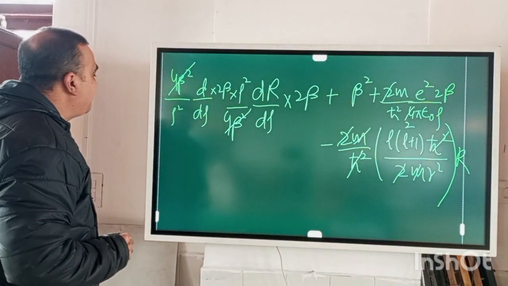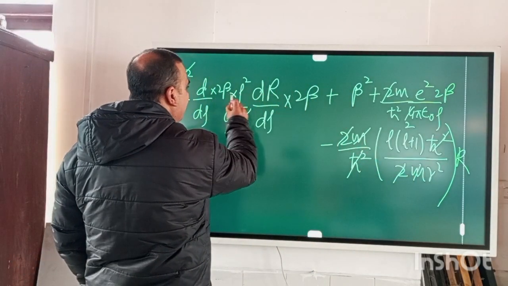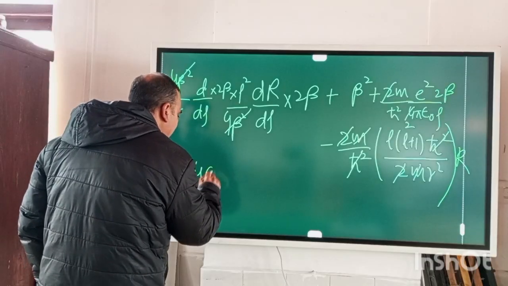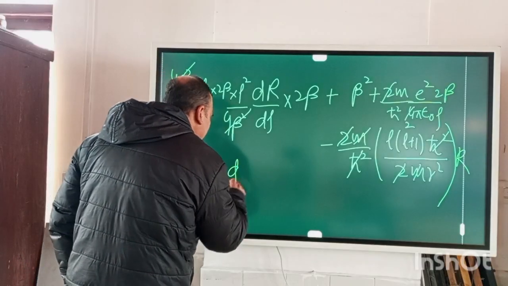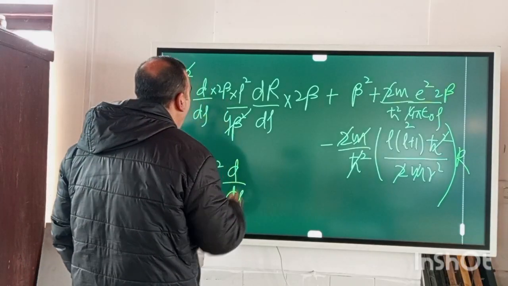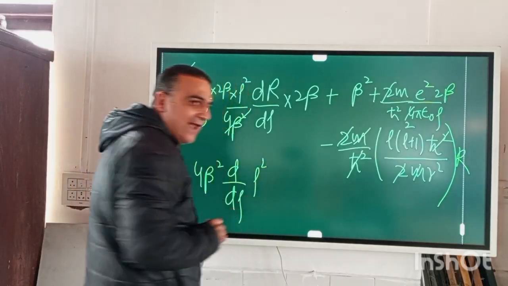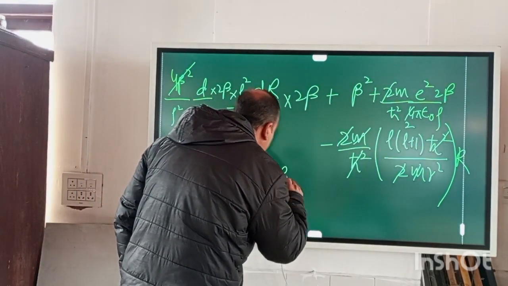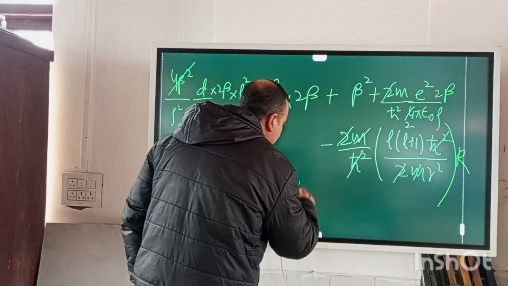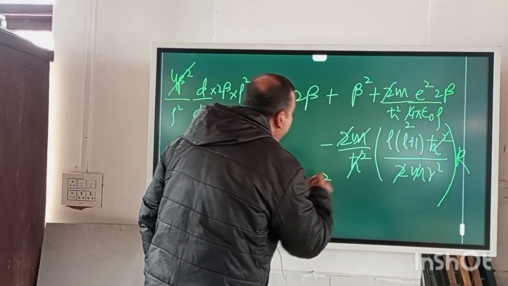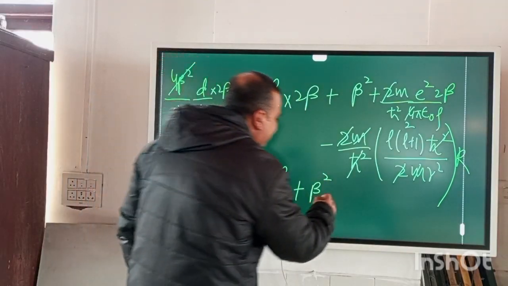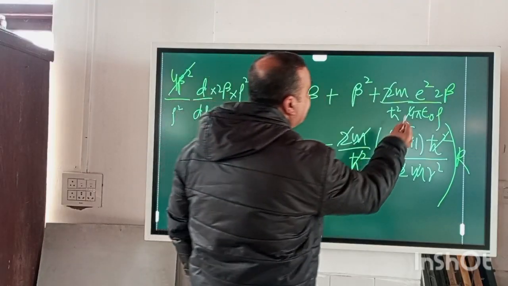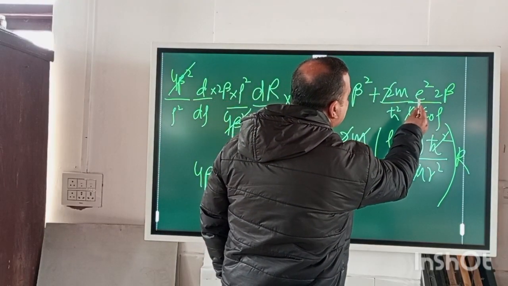So what will be our equation now? This is 2 twos are 4 beta square. Then you have d by d rho of rho square, dR by d rho. Am I right? Plus beta square, plus, this is m, 2 and 2 will also go.